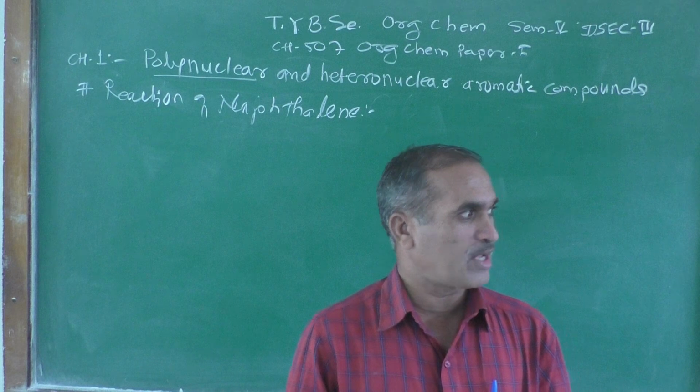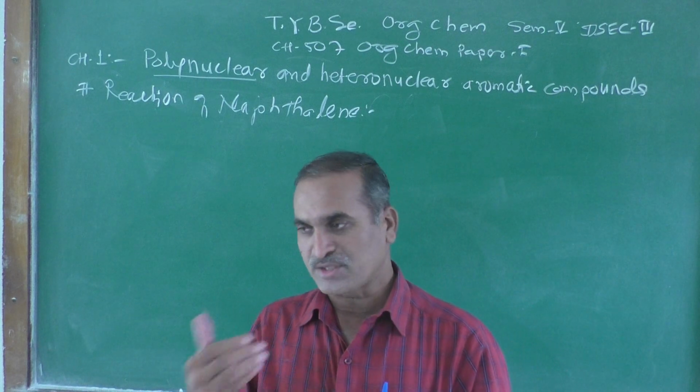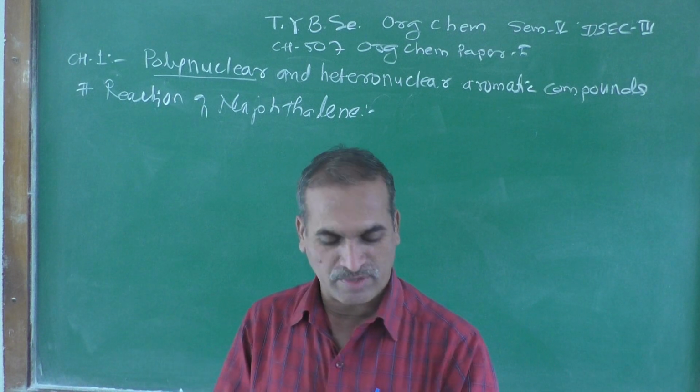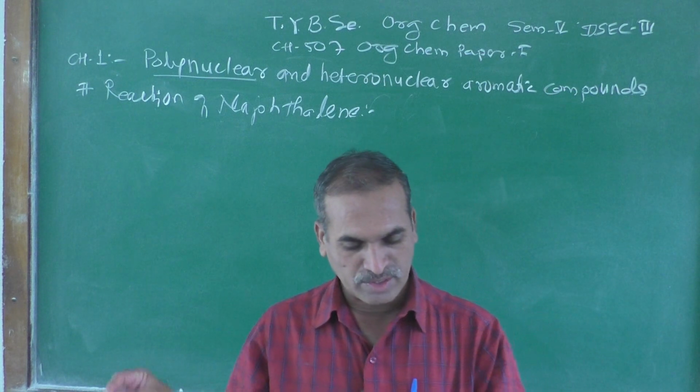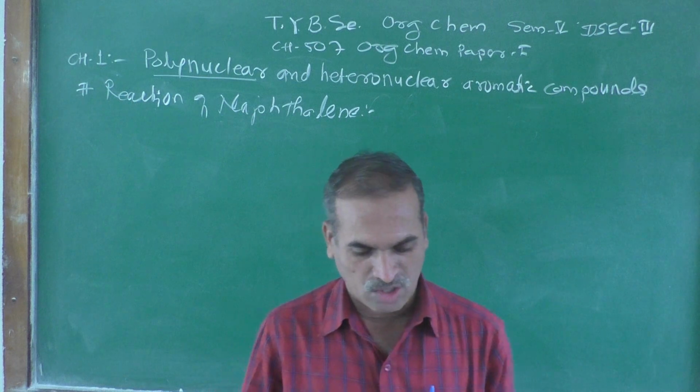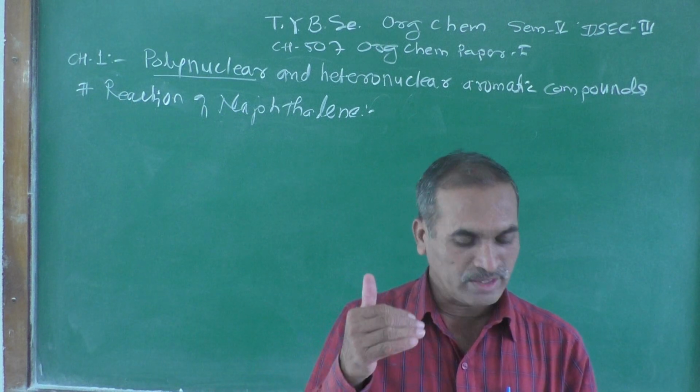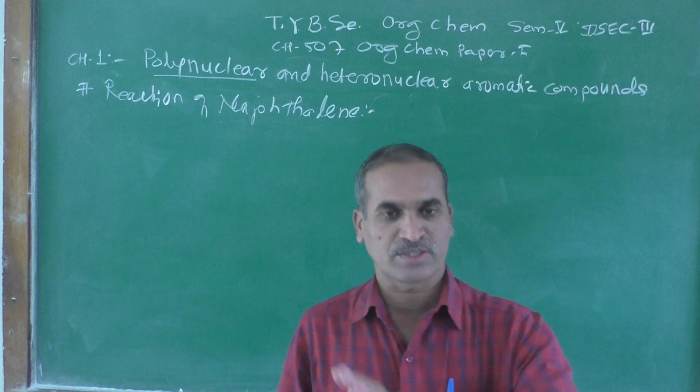That sodium naphthoxide is further acidified with dilute H2SO4, and the resulting compound obtained will be alpha naphthol, or we can call it 1-naphthol. This is the first method.